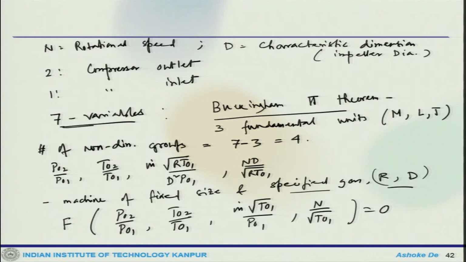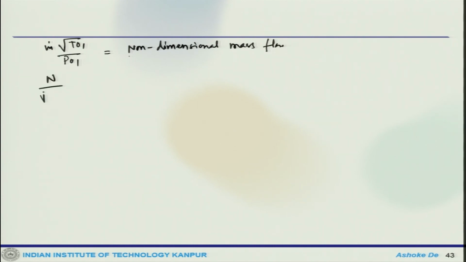Here, in these non-dimensional groups, one is m dot root T naught 1 by P naught 1, which is the non-dimensional mass flow, and the other is n by root T naught 1, which is the non-dimensional rotational speed.